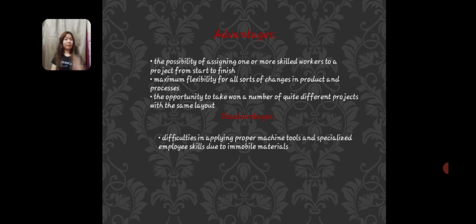So you really start at the beginning until it is finished. Then, maximum flexibility for all sorts of changes in the product and the process. And also the opportunity to take on a number of different projects with the same layout. The disadvantages are difficulties in applying proper machines, tools, and specialized employee skills due to immobile material.